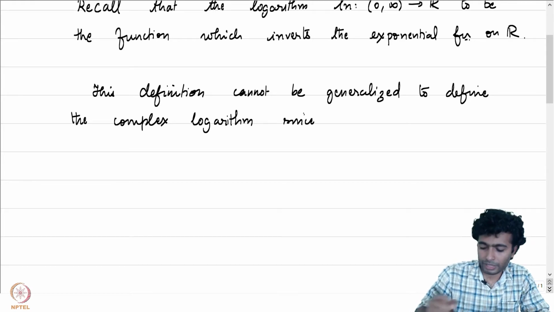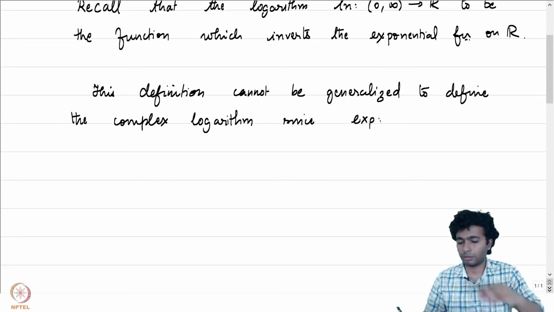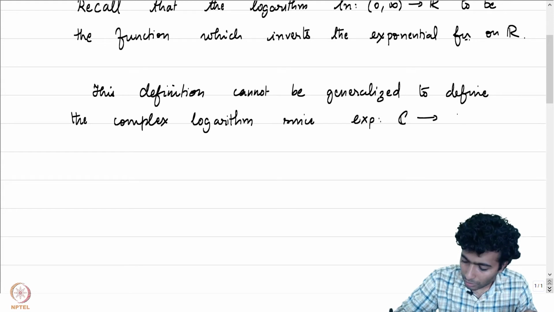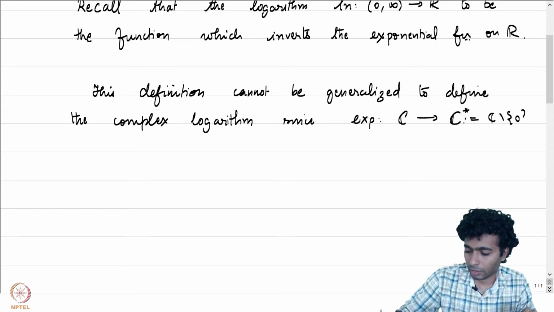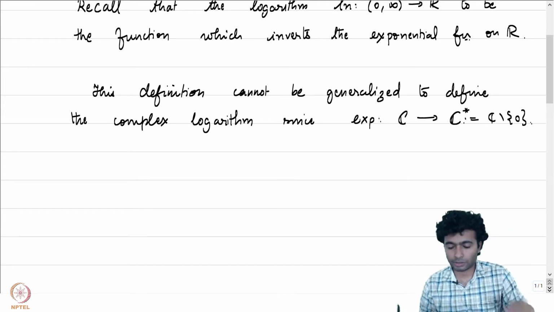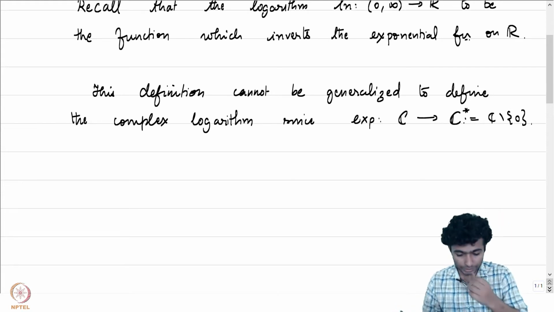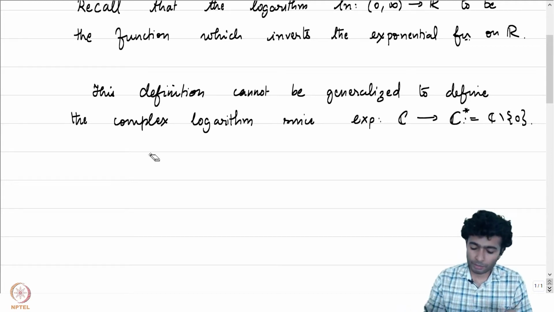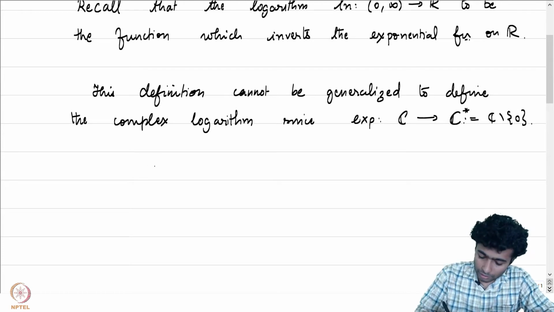Since if you look at the exponential function, let me just use exp to denote the function e, which is a map from C to C star, the notation C star is just C minus the origin. The punctured plane is what is denoted by C star. Because what will happen if we try to define the complex logarithm just like how we did in the real setting?